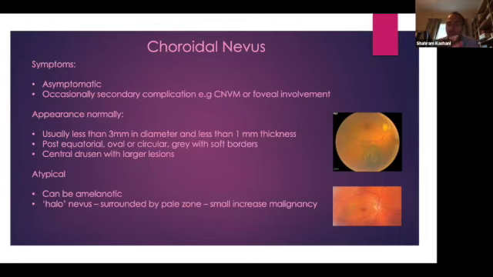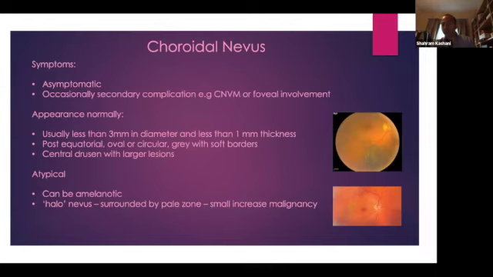When you look at the nevus, it should generally be less than 3 millimeters in diameter and less than 1 millimeter thick. Now, the thickness is a bit difficult to distinguish, obviously, because you don't have an ultrasound in practice, but you can generally see if the blood vessels are elevated or if it looks elevated. I think if you can see a clear kink in a blood vessel and it looks elevated, then that should make you think that there might be some elevation there.